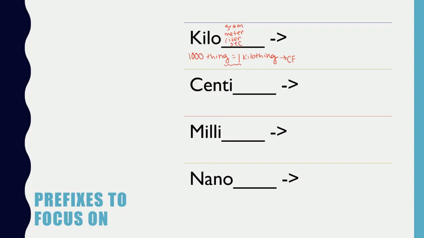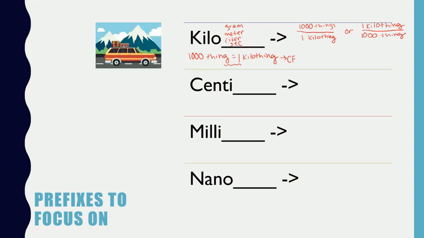Depending on what we are trying to cancel out, we can write our fraction as either 1,000 things for every 1 kilo thing, or the other way: for every 1 kilosecond, we have 1,000 seconds. This kilo tells us our unit is bigger than our base unit.